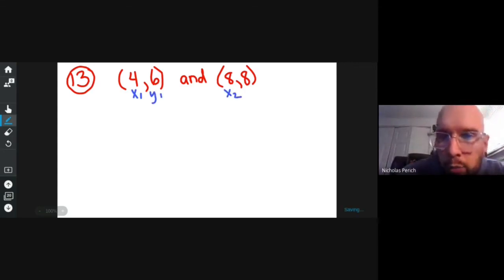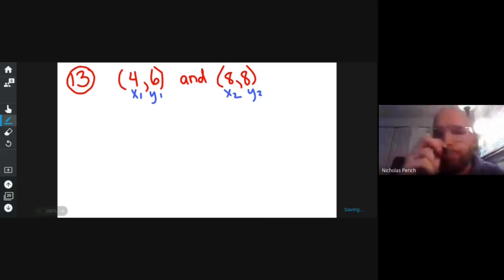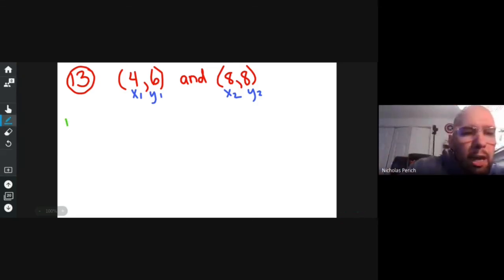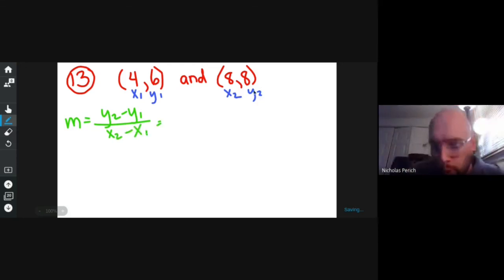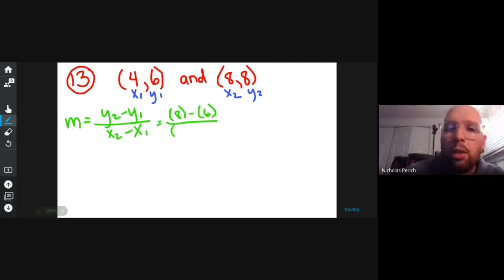So let's call you x sub 1, y sub 1. Let's call you x sub 2, y sub 2. My slope is m equals y sub 2 minus y sub 1 over x sub 2 minus x sub 1. According to what I wrote over here, y sub 2 is 8. So I have 8 minus y sub 1, which is 6, all over x sub 2, which is also 8, minus x sub 1, which is 4.